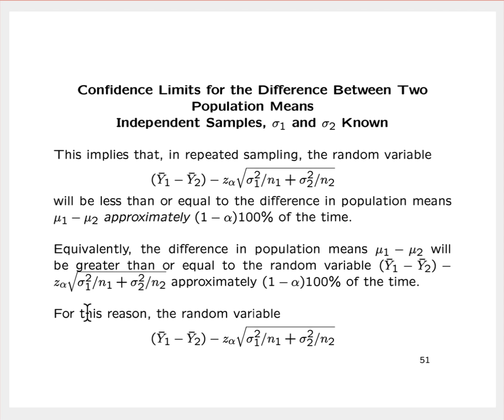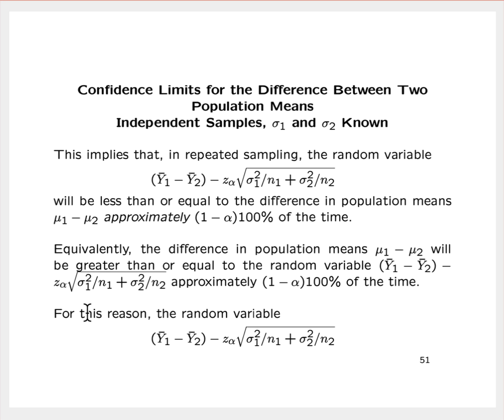This means that in repeated sampling, the random variable y bar 1 minus y bar 2 minus z sub alpha times the true standard error of y bar 1 minus y bar 2 will be less than or equal to the difference in population means mu1 minus mu2, approximately 1 minus alpha times 100% of the time.